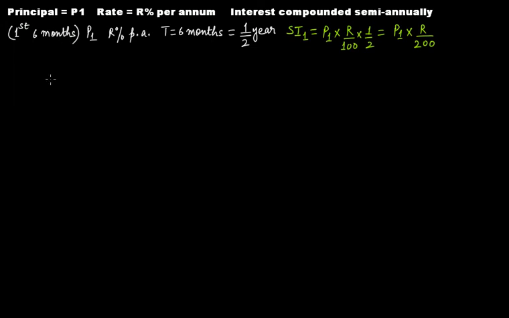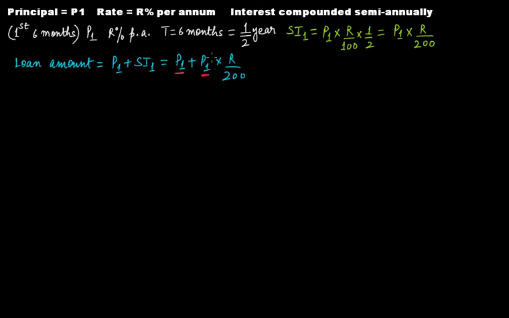So tell me, what will be the loan amount at the end of this first 6 months? So your loan amount will be equal to P1 plus SI1. This P1 is P1, SI1 is P1 multiplied by R by 200. Now this P1 is here and this P1 is here.